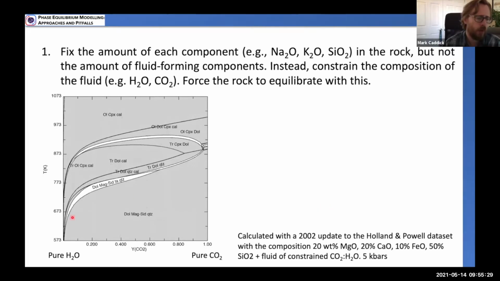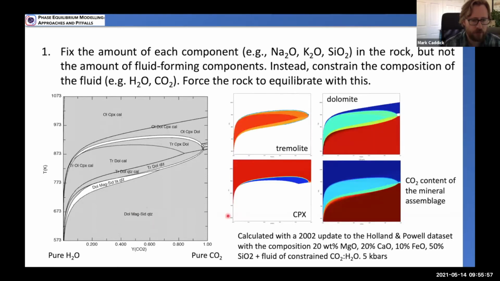And so what we're seeing here is temperature. We're seeing fluid composition. We've made an assumption that the rock is always seeing that fluid, and we can look at the phase equilibria around here. If we want to understand the system a little bit better, we can go into calculations like this and learn a lot by, I don't know, contouring the proportions of minerals as we go through here, or the compositions of those minerals perhaps.